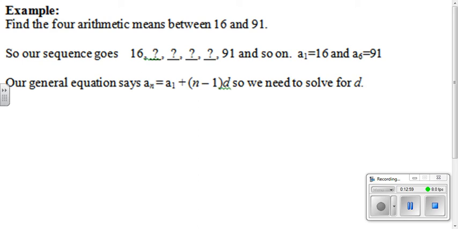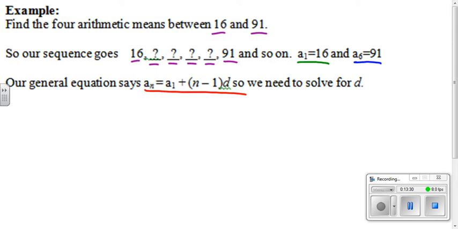So if we're looking for the 4 arithmetic means in between 16 and 91, it looks like this: 16, blank, blank, blank, blank, 91. We can say then our a sub 1 is 16, and our a sub 6 is 91. Now we want to get our equation into a sub n equals a sub 1 plus n minus 1 times d.